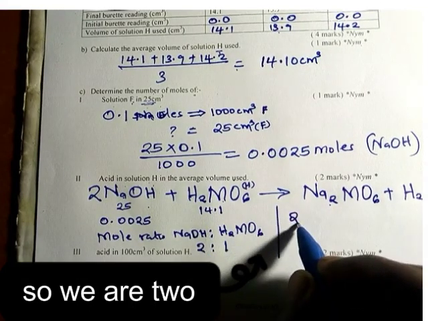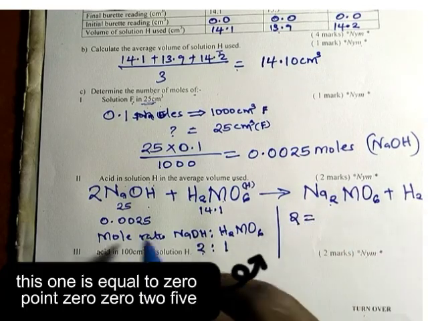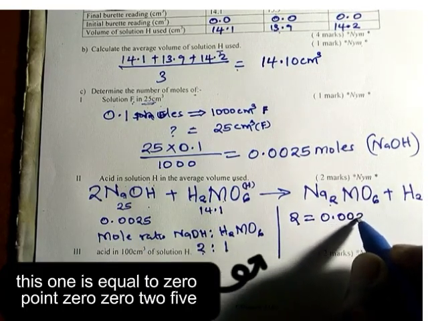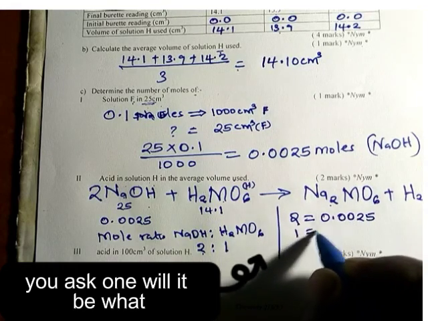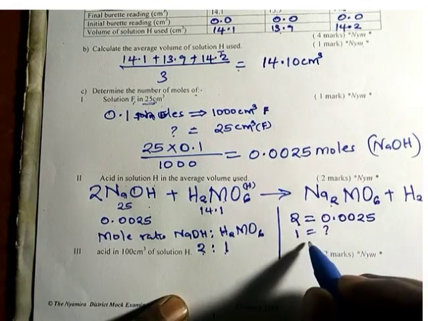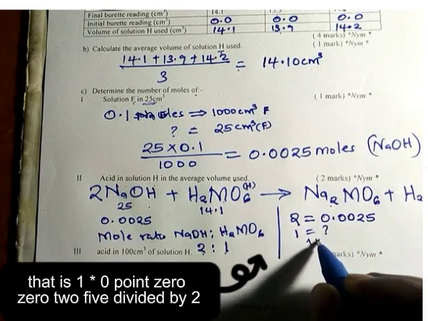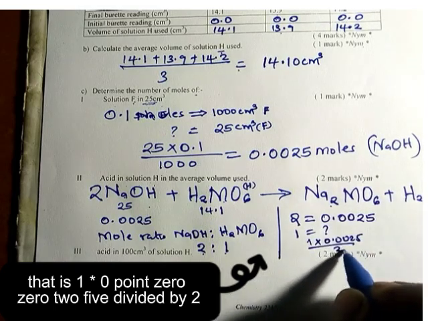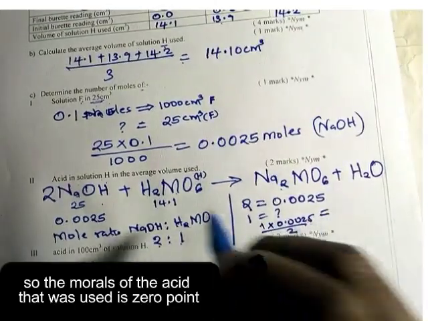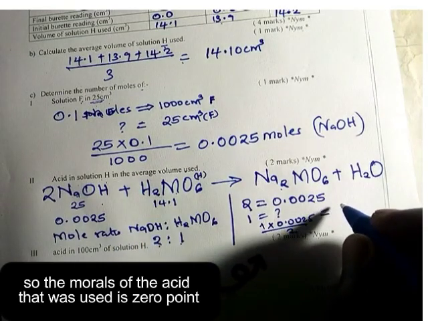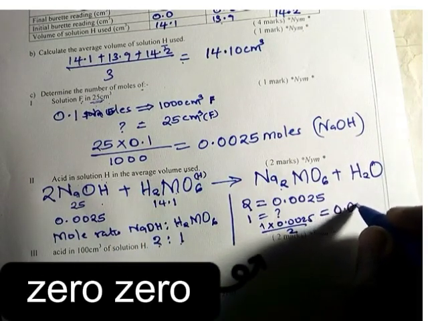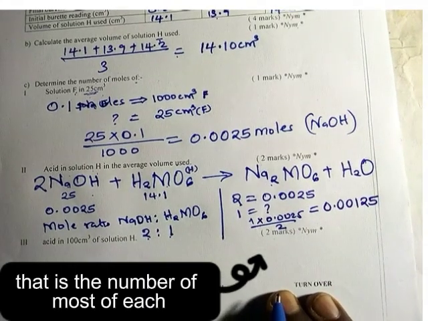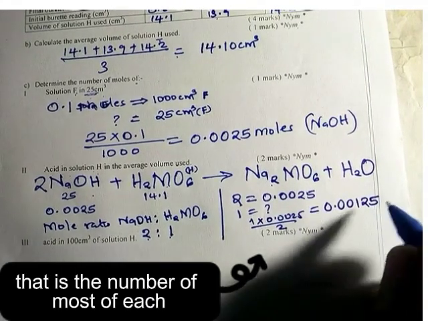So 1 times 0.0025 divided by 2. The moles of the acid that was used is 0.00125. That is the number of moles of H.